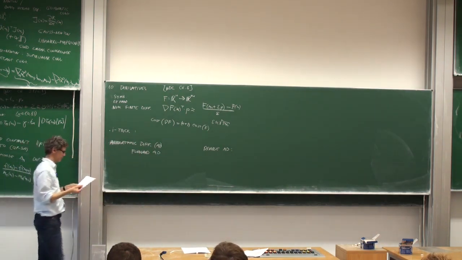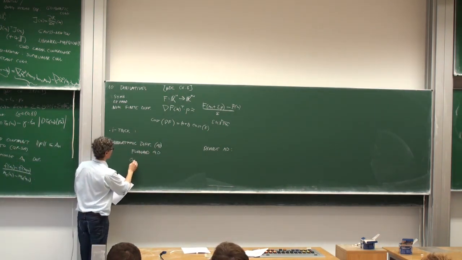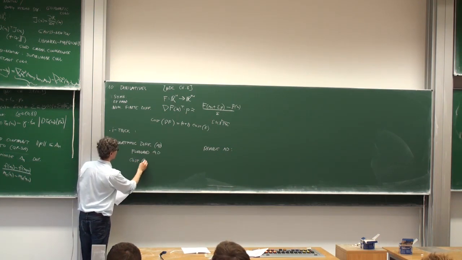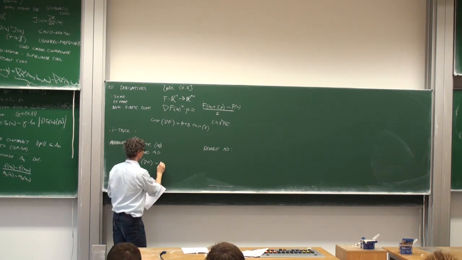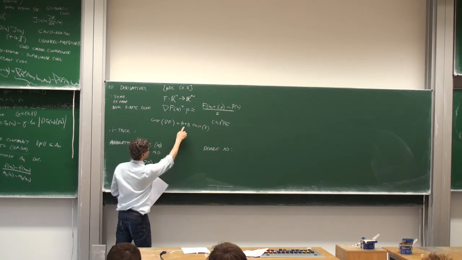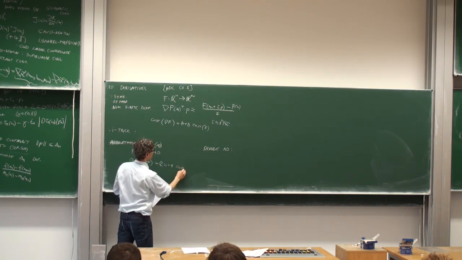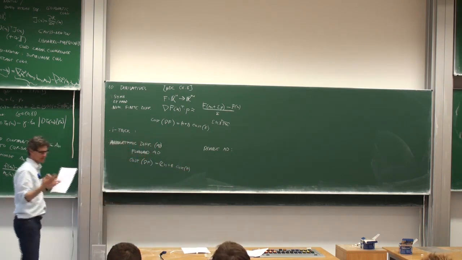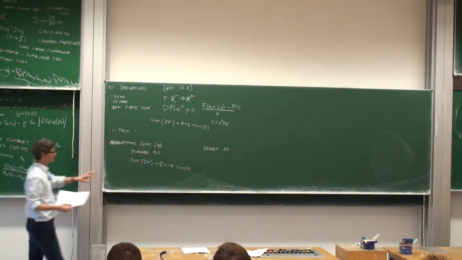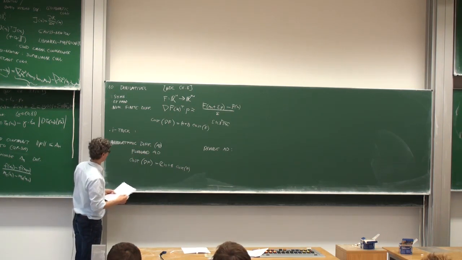You have for the forward mode the cost of computing the whole gradient or the whole Jacobian of f is approximately 2n plus 1 times the cost of f. So 2 is slightly more expensive, right? But it's also more accurate.